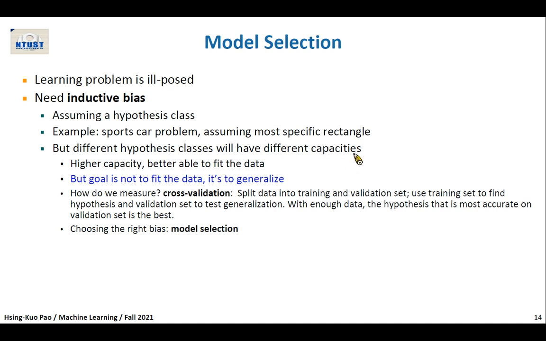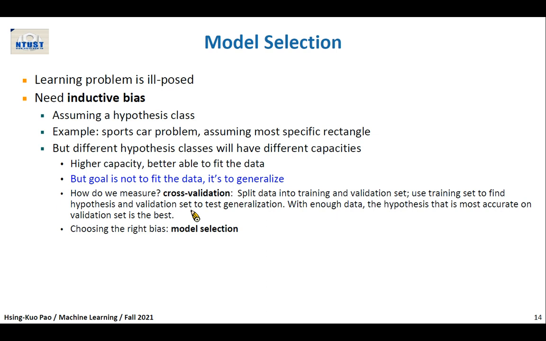Then we still have to find out, later, we need to think about how to call a model a good model, right? It's not just to fit the data, it's to generalize, okay? So later, that's why we're going to try cross-validation.